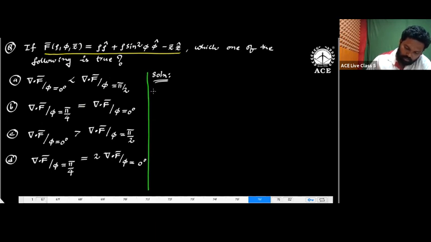So what is the divergence of f? It is equal to 1 by rho into dou by dou rho of rho f rho, plus dou by dou phi of f phi, plus dou by dou z of rho into f z.